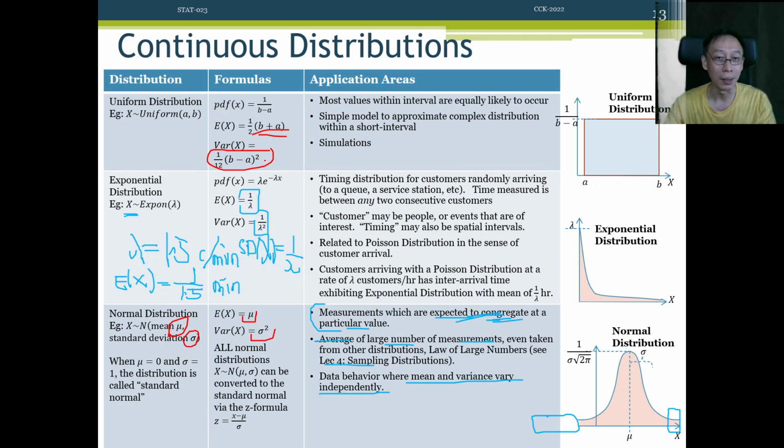Look at exponential, even worse, because when 1 over lambda, the mean, is large, the variance will be larger. Remember, 1 over lambda can be a number larger than 1, and when you square a number larger than 1, it will be larger. And when the mean is small, the variance is smaller. So they are very connected, right?